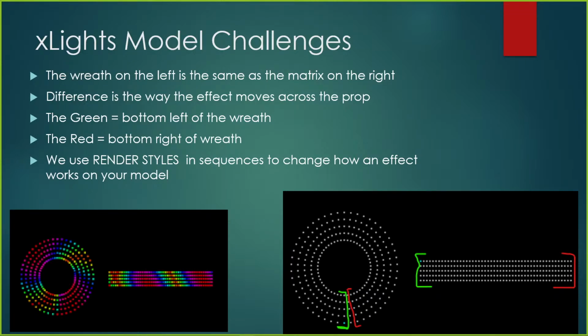So one of the things we can consider doing, as a sequencer, is using render styles in the sequence to change how an effect works across your models. What we're going to do is change the look of the effect based on the way that xLights is pushing the data to those pixels.